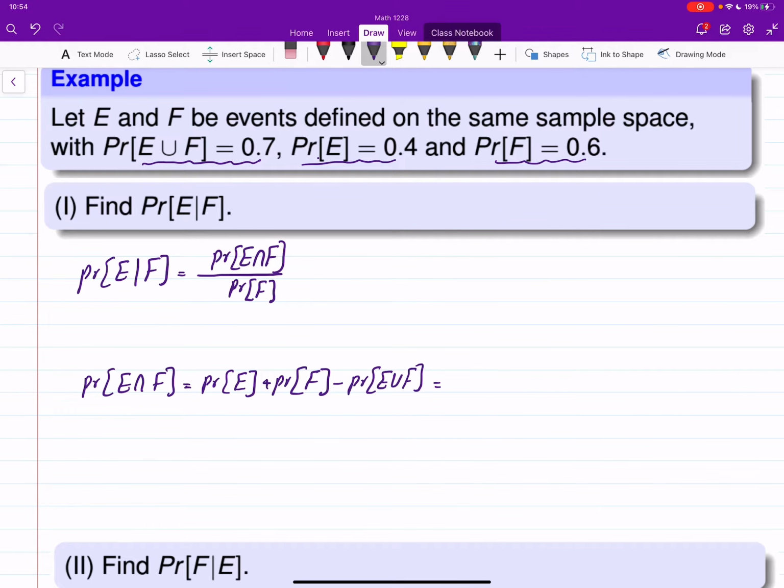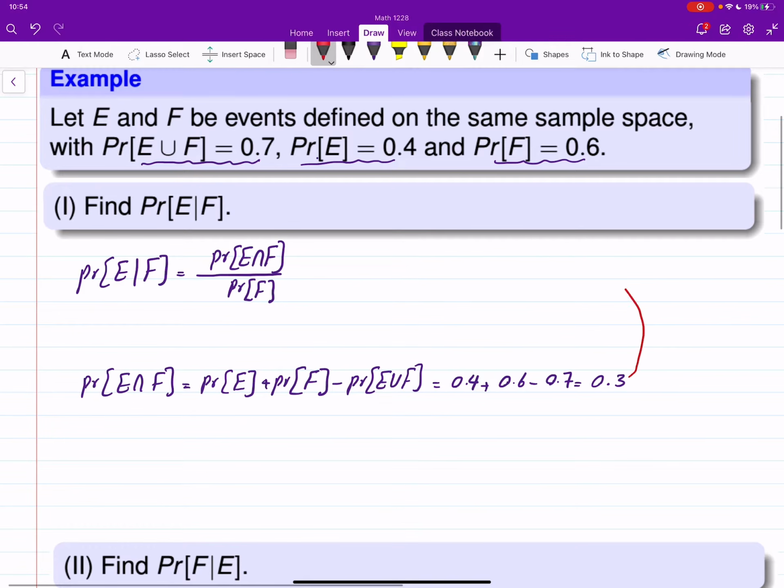Okay, so here I have 0.4 plus 0.6 minus 0.7. So that is 0.3. Well, we found the probability of the intersection. Now we can put it back here and write 0.3. The probability of F is 0.6.